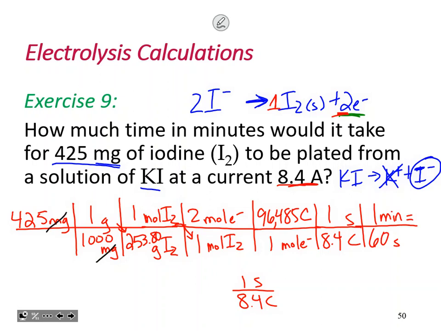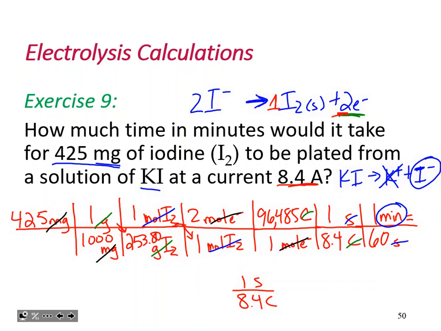Milligrams cancel with milligrams. Grams cancel with grams. Moles of I2, moles of I2. It's a good process. Moles of electrons, to check and make sure everything works. Coulombs with coulombs and seconds with seconds. And we're left with minutes, which is what we want.